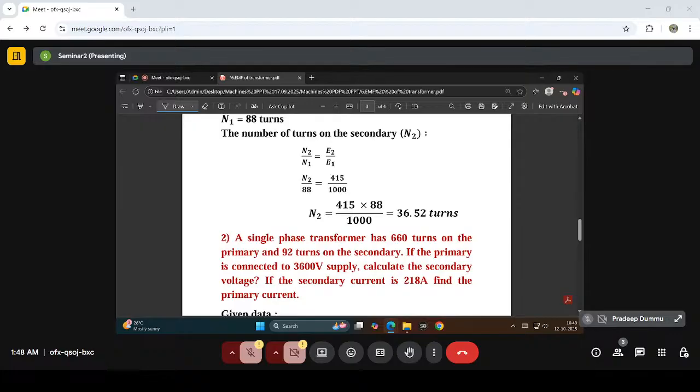If the primary is connected to 3600 volts, calculate the secondary voltage.